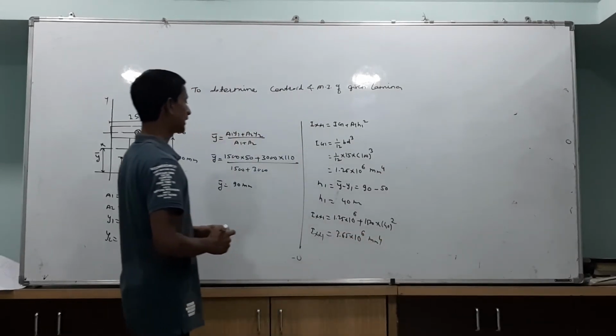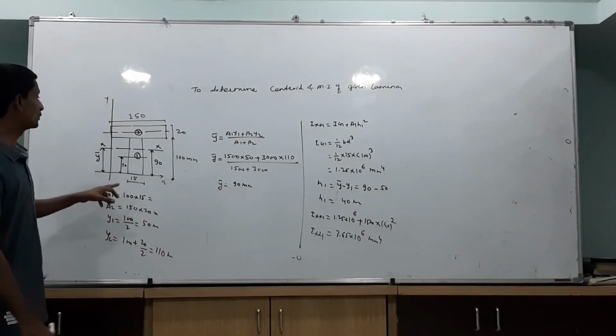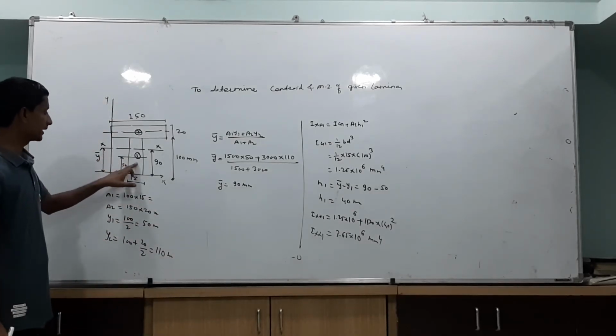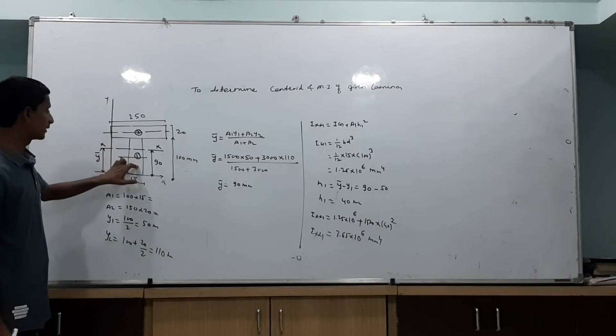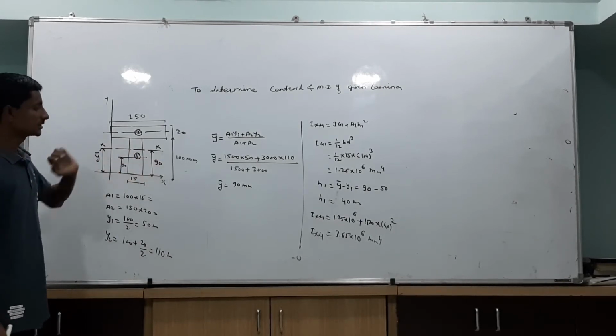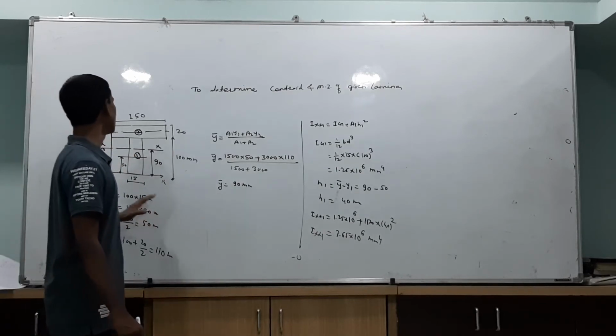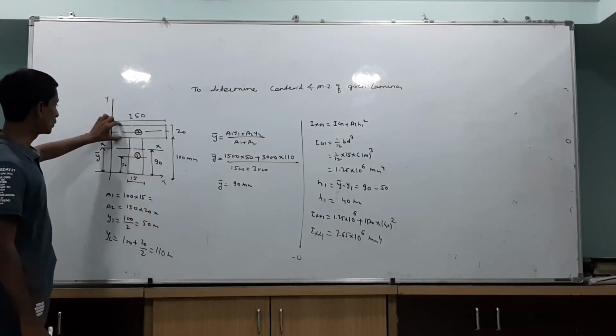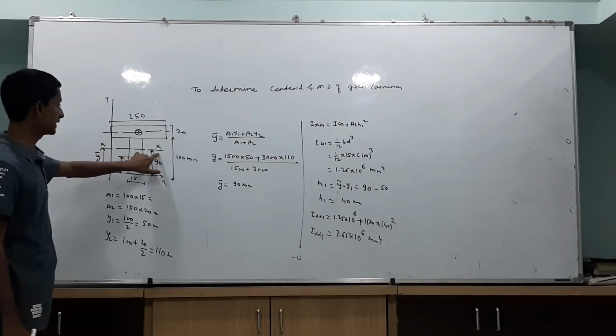So Ixx1 gives the value of MI of rectangle 1 about the central axis xx. Similarly, we are going to calculate the MI of rectangle 2 about the central axis xx.